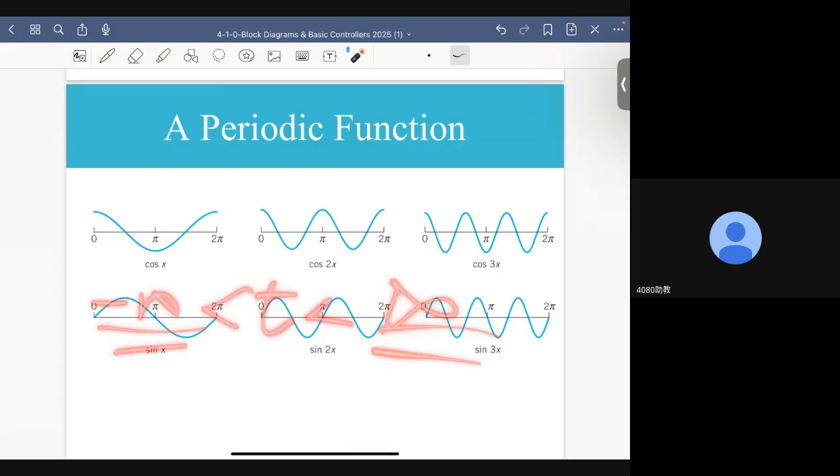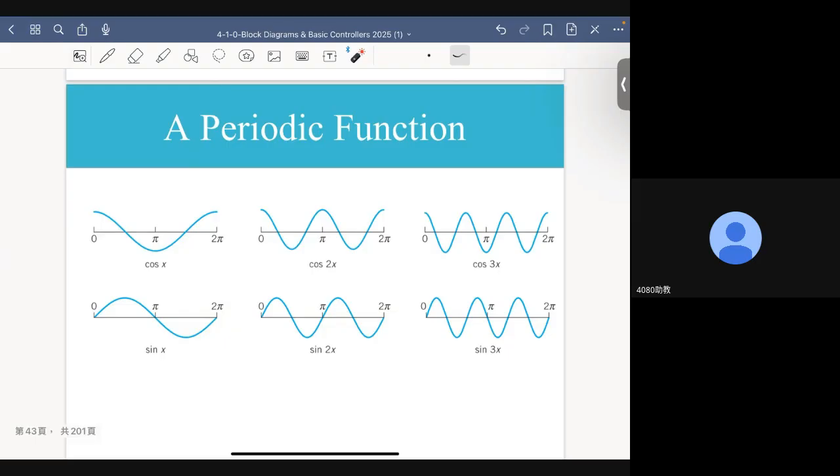Why? Because it always repeats itself. So it never diminishes, never diverges, and never converges. It is just always there. A periodical function never ends; it goes all the way to eternity.